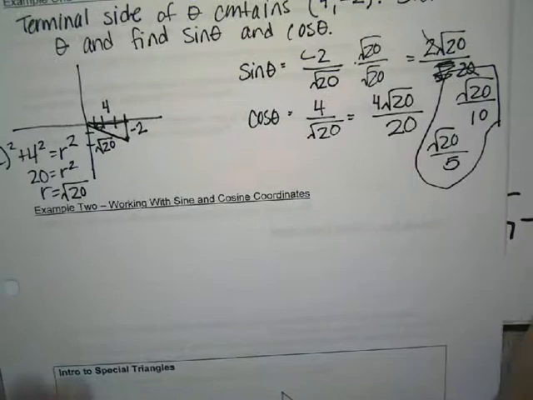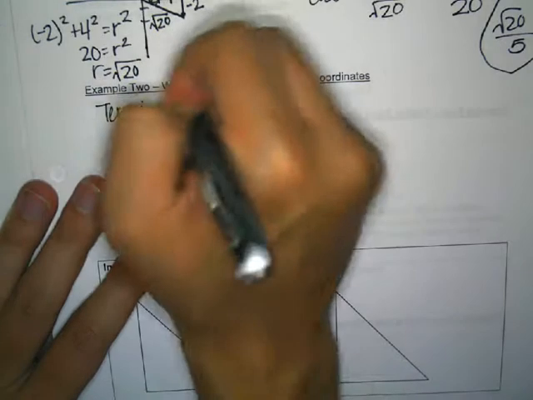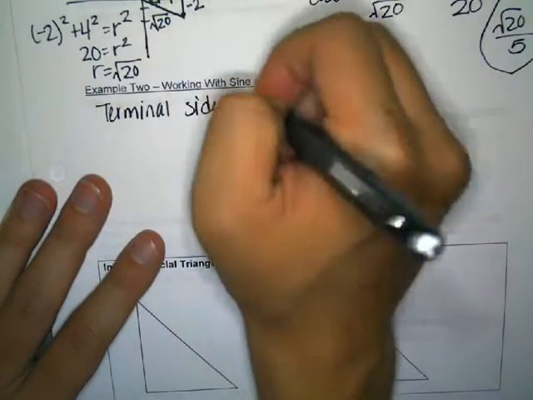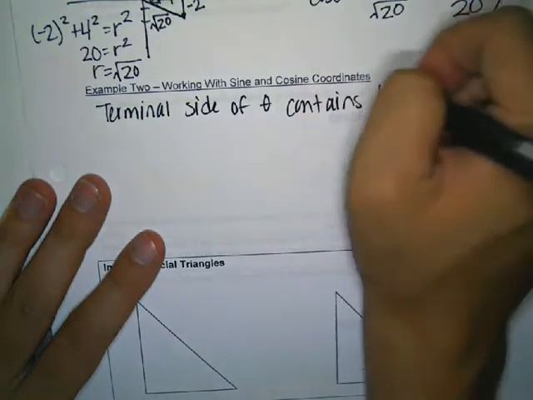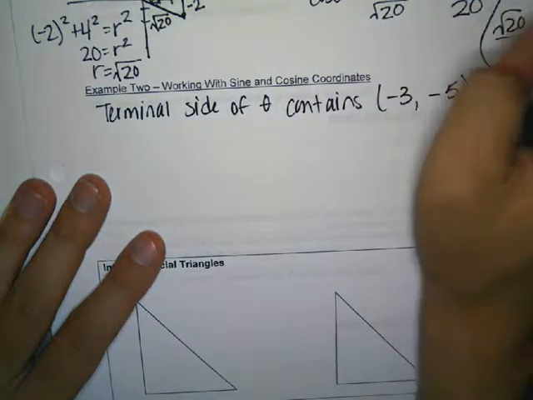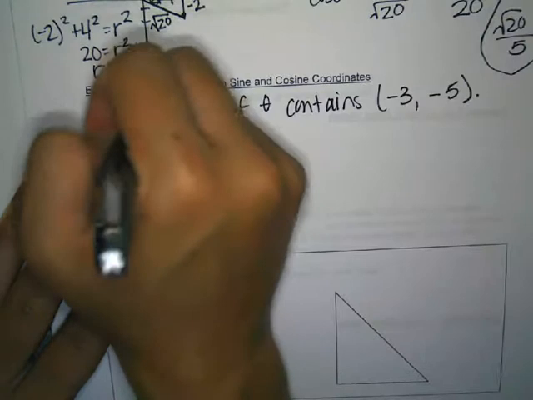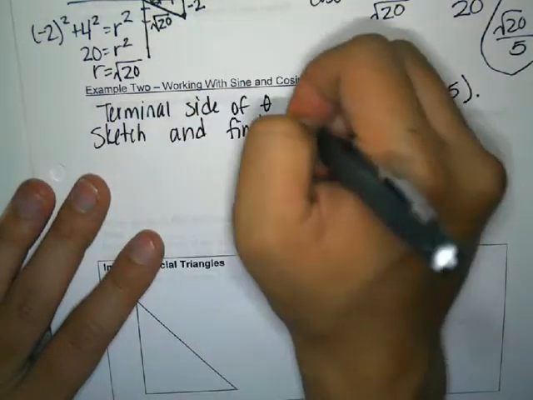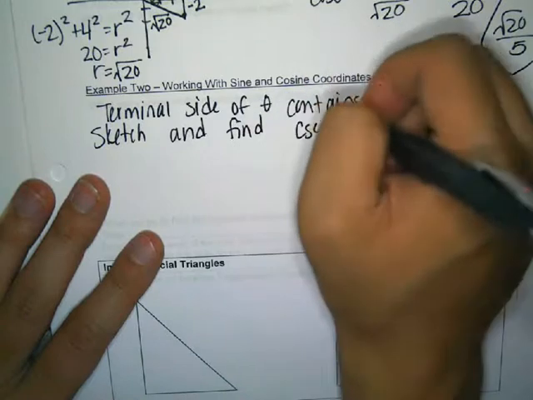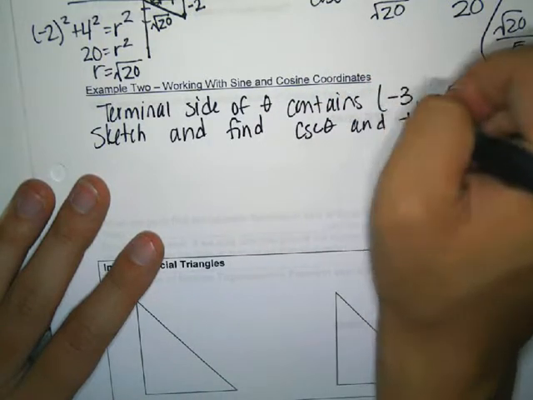Okay. Do the same thing here. Terminal side of theta contains the point -3, -5. Sketch and find cosecant of theta and tangent of theta.